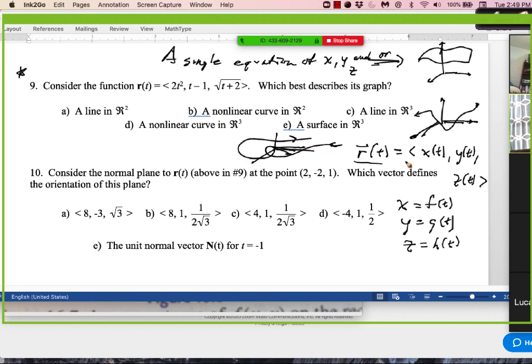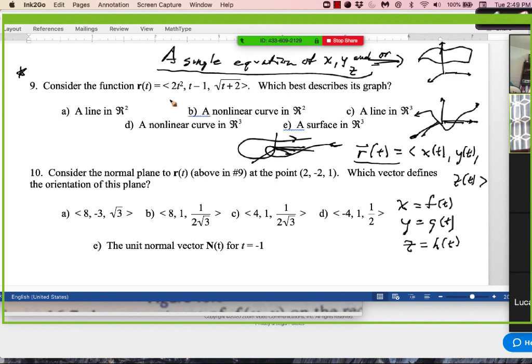That's our vector functions. And then our surfaces in space are planes, paraboloids, spheres, cylinders. Those are all a single equation, one equation of x, y, and or z together. So if you had your wires crossed on this, I hope that kind of straightens it out once and for all.